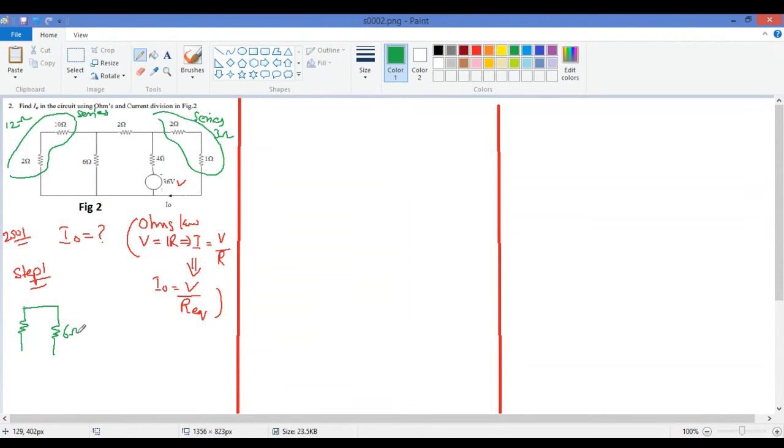This is 6 ohm. This is 12 ohm. And you have got 2 ohms. This is 4 ohms. And this is 36 volts.